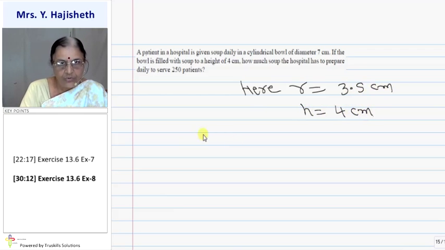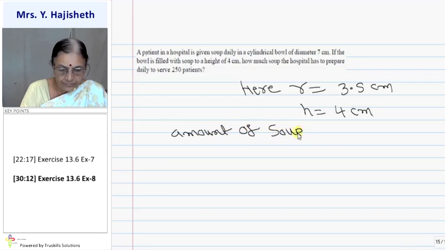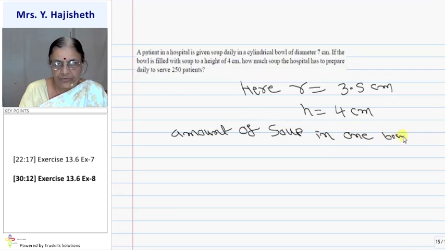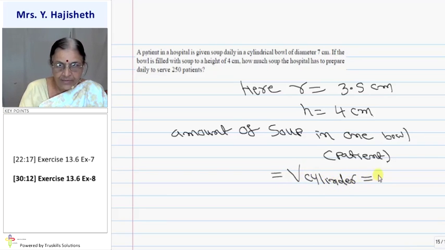Now the amount of soup in one bowl, meaning for one patient, is the volume of cylinder, and that is pi r square into h.